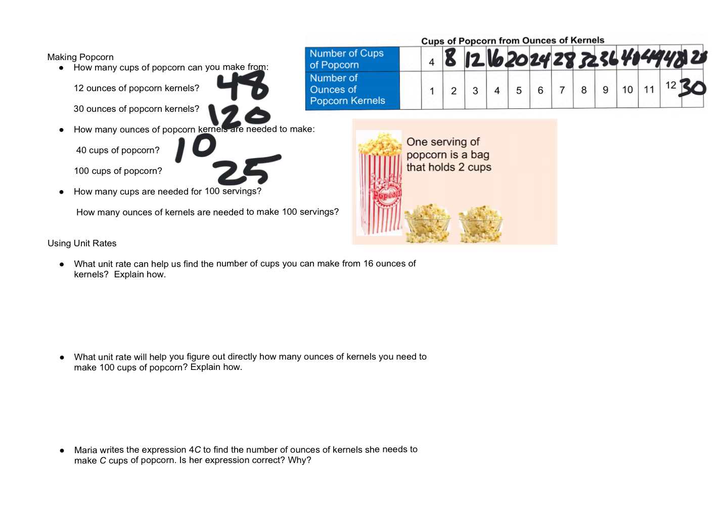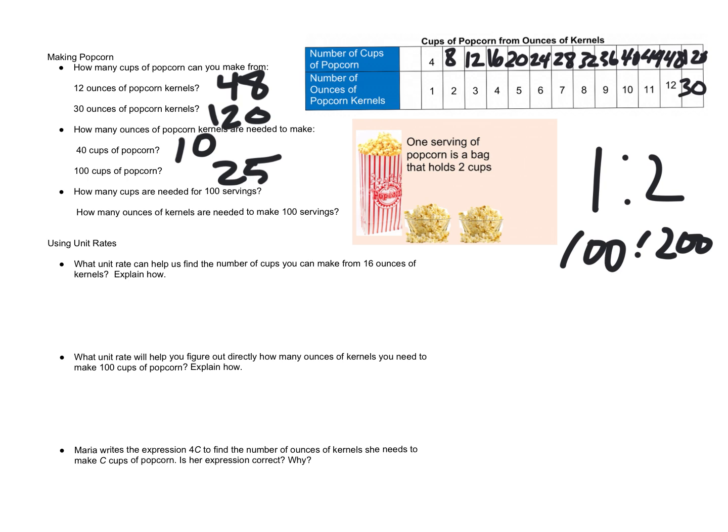Okay, so for the next question or two, we need the other piece of information, where 1 serving of popcorn is a bag that holds 2 cups. So if we were looking for how many cups are needed for 100 servings, one serving is 2 cups. That means 100 servings would be 200 cups.